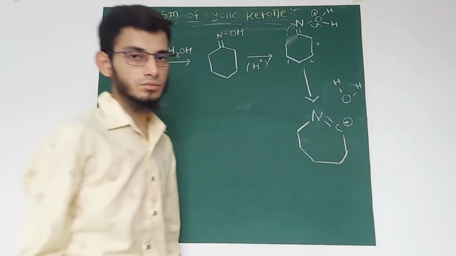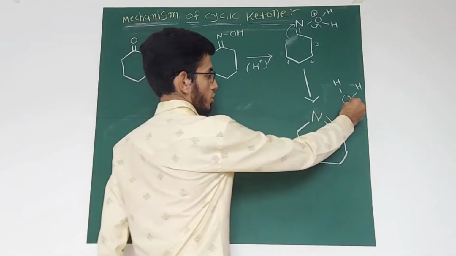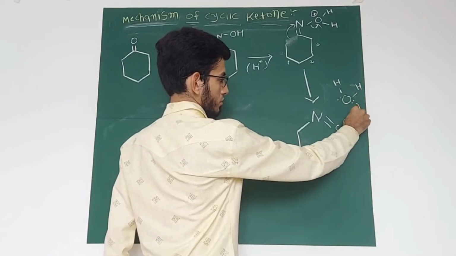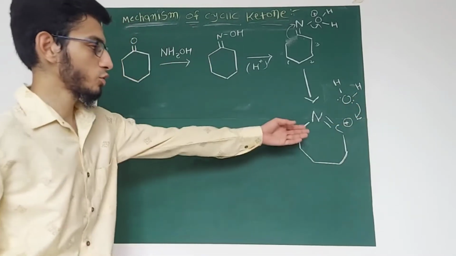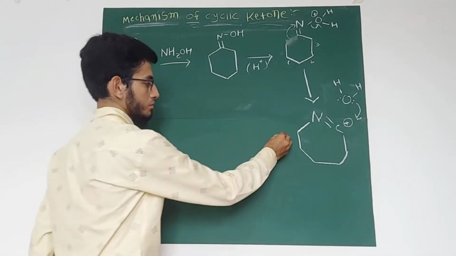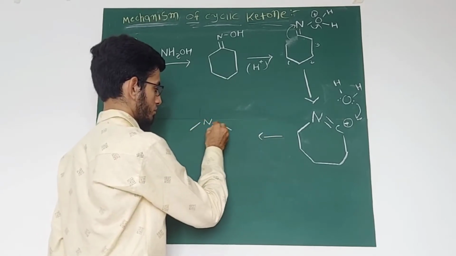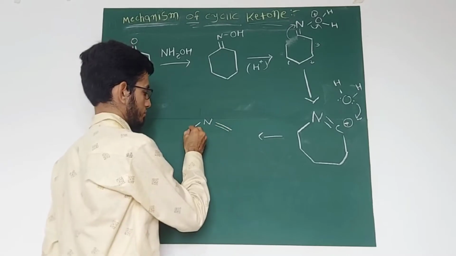After this we should write H2O for work up. It has non-bonding electrons, and gives its electron to the positively charged carbon. Here, double bond.